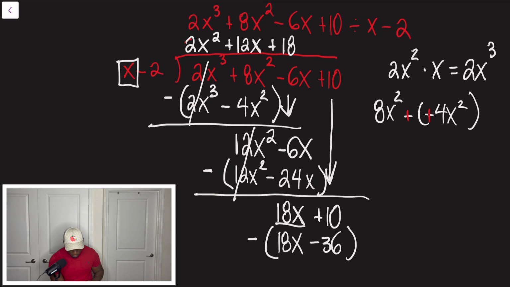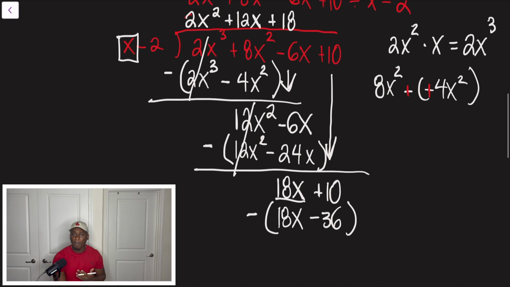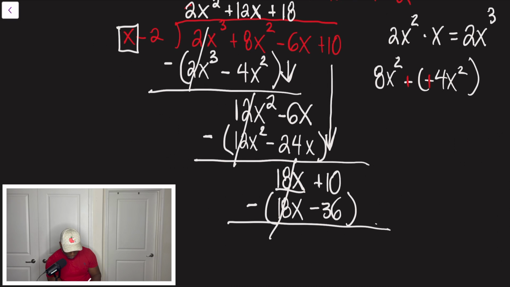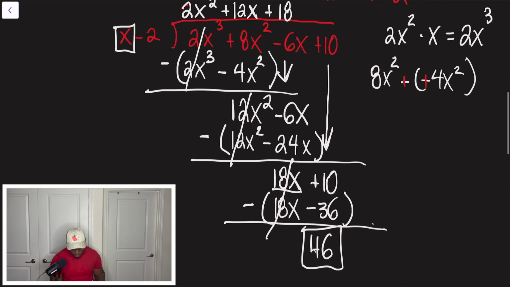So with this problem here, guys, we're going to have a remainder. Our first problem, we're able to divide evenly and have 0 as our remainder. This one's going to be different. So after I combine my x's, they cancel out. But I noticed that I'm going to have a remainder of 46. So when we have a problem like this, this is how we express our final answer. So let's just slide out a little bit.